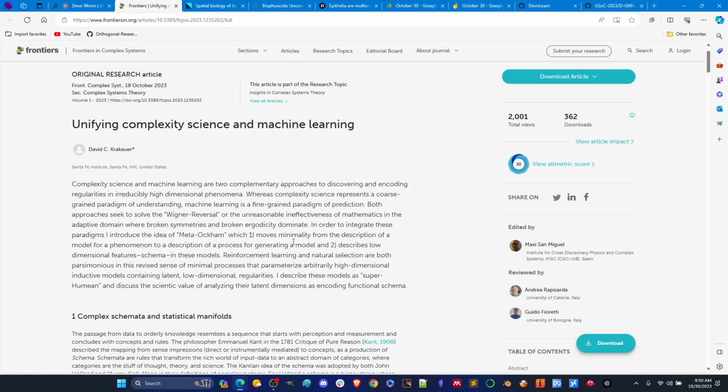So this is like Occam's razor for a process of generating a model to approximate the thing that you're looking at in nature. And second, it describes low-dimensional features or schema. Then he talks about reinforcement learning and natural selection, which are both parsimonious in this revised sense of the minimal process. So he gets into reinforcement learning and natural selection as being connected in that way. It's really good. Thank you.